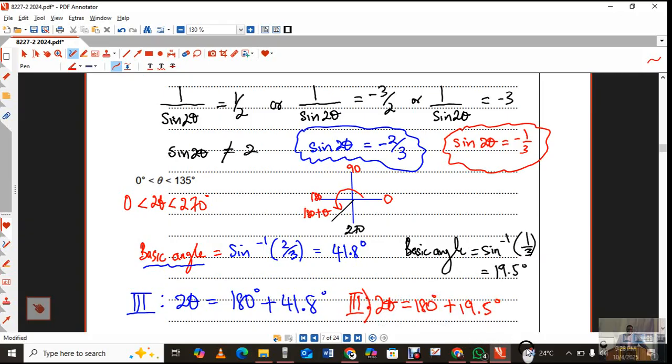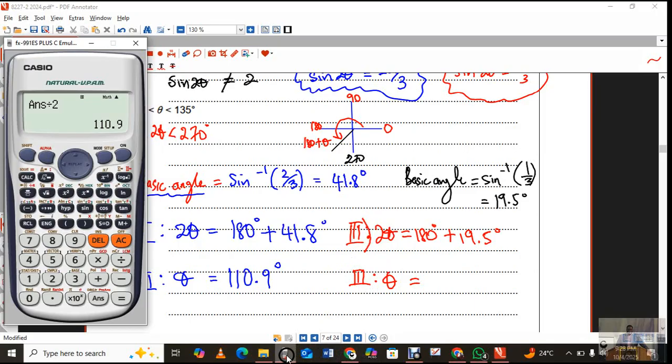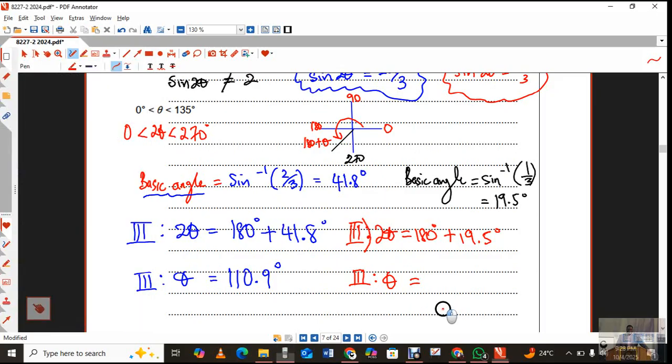And that answer, we are also going to divide by 2. So theta will be, let's bring the calculator, 180 plus 19.5. Hit enter, divide that answer by 2. Is it within the domain? 99.8. It is within our original domain of 0 to 135. So we're all good to go.